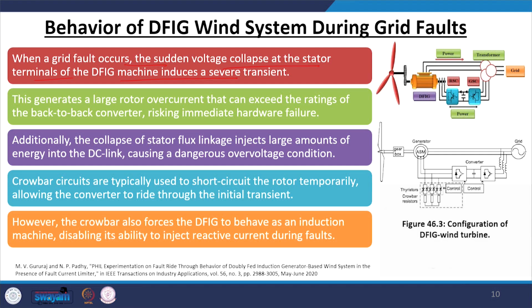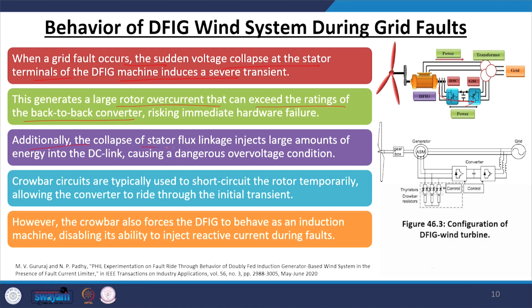This generates a large rotor overcurrent that can exceed the ratings of the back to back converter. Because the stator voltage dropped, your rotor current will increase. If you send that current to the RSC and the GSC, it will cause overheating, and your system will completely collapse or burn out.